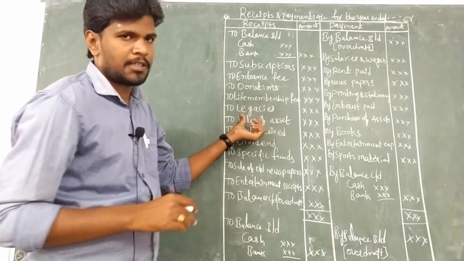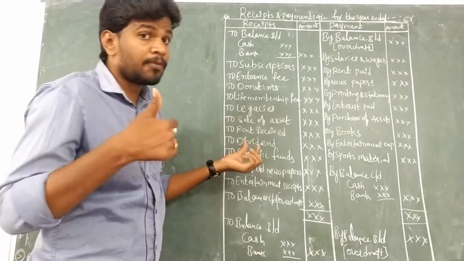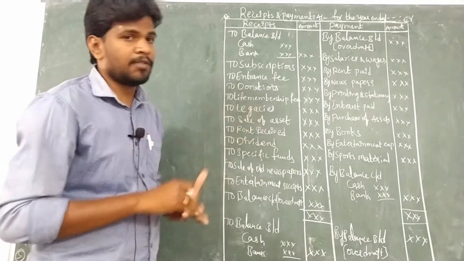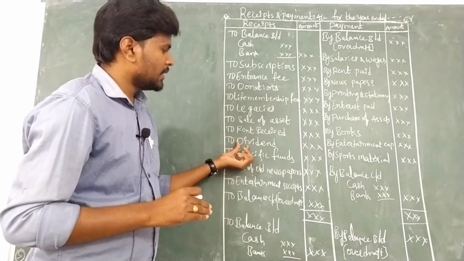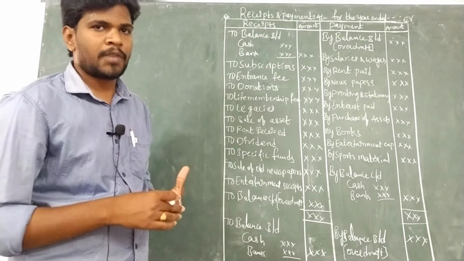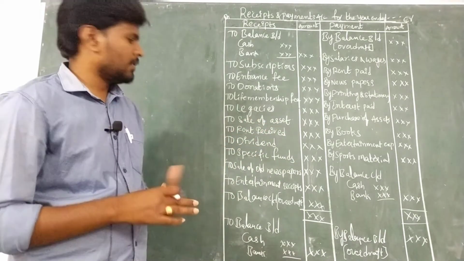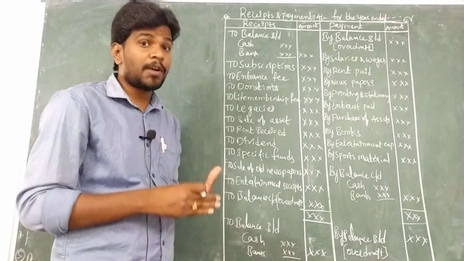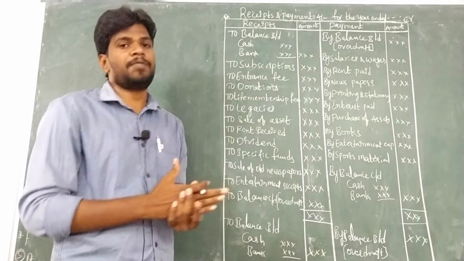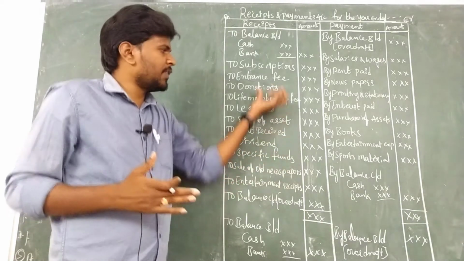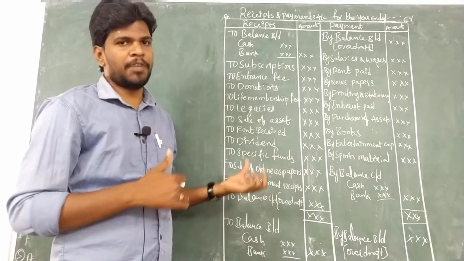Next, legacies, and any sale of assets, whatever asset it may be. Next, rent received, interest received, dividend received. Next, specific funds: funds received for a specific purpose are called specific funds. Each and every item I explained in the previous video.